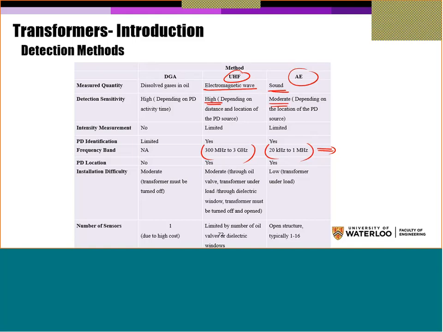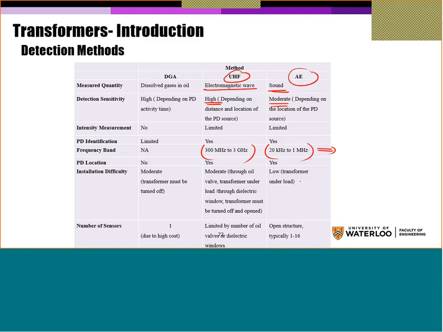However, the AE sensor, using a magnet, you just attach it to the tank of the transformer. So this piezoelectric material will be attached to the tank, and whenever there's a partial discharge, there's a little vibration at the ultrasonic range, and these sensors are sensitive enough to detect this very tiny vibration that happens in the tank.